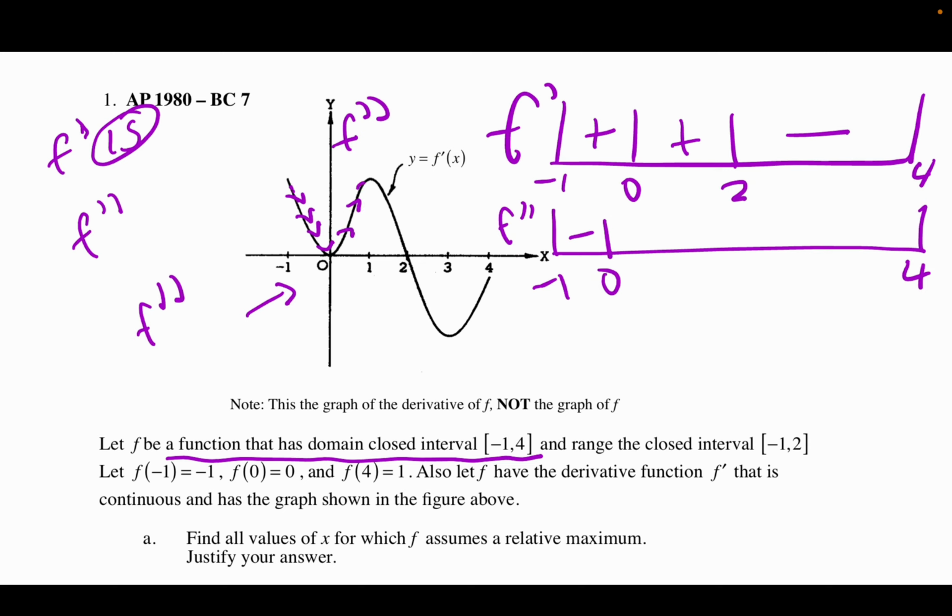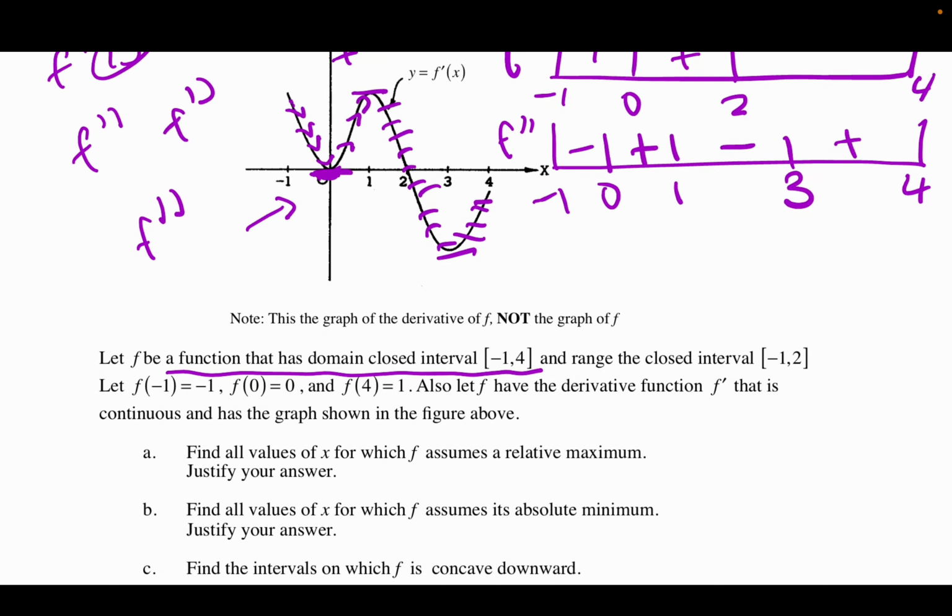While the first derivative is increasing, the second derivative will be positive. And these are possible points of inflection because this is where this function's derivative would be 0. While this is decreasing, its derivative would be negative, and while this is increasing, its derivative would be positive. So now we know all about concavity and increasing and decreasing.